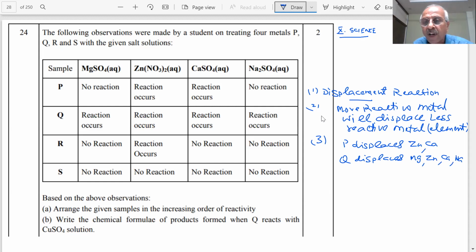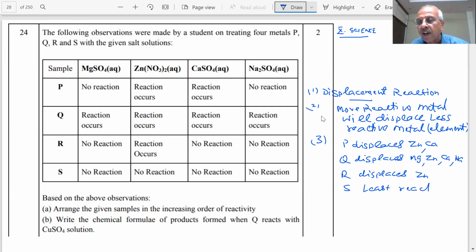Next, R: no reaction, but R displaces zinc. So R only displaces one. And let us see S: no reaction. That means S is the least reactive.